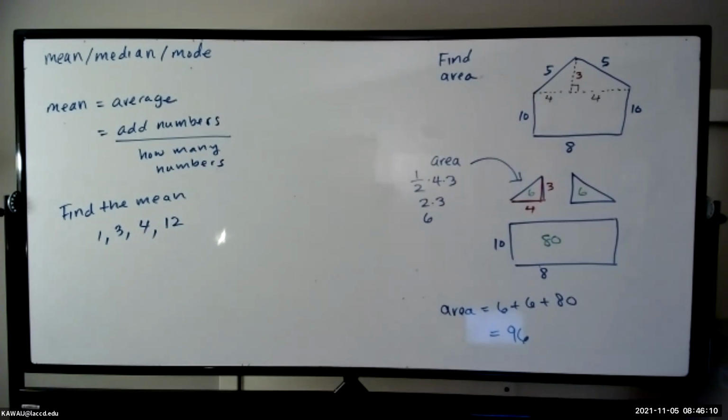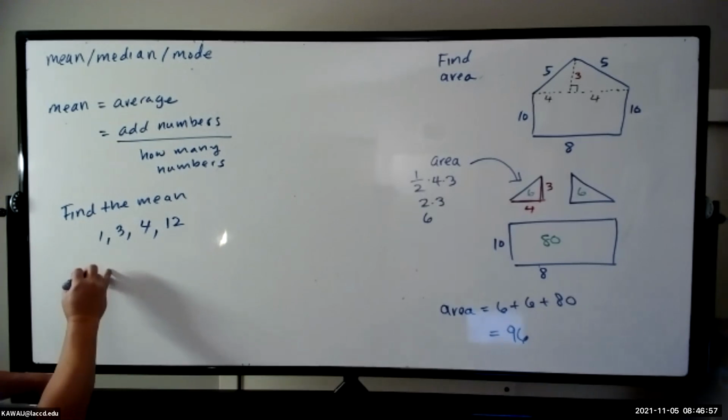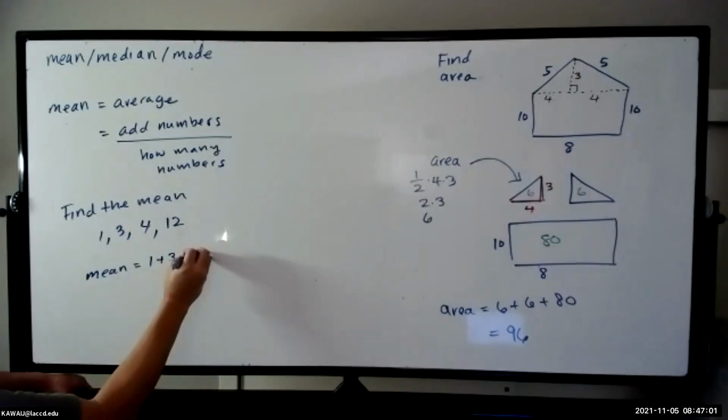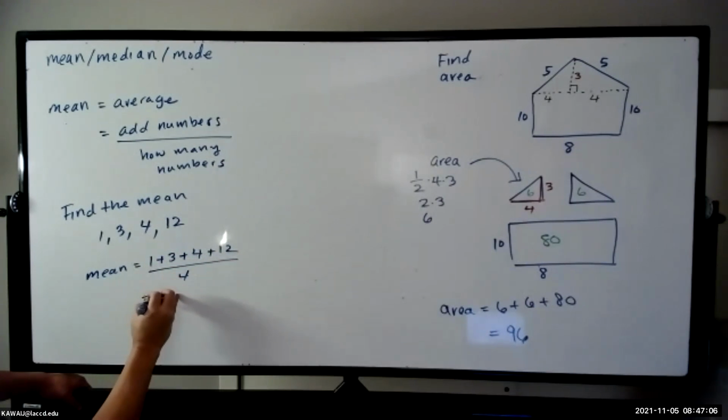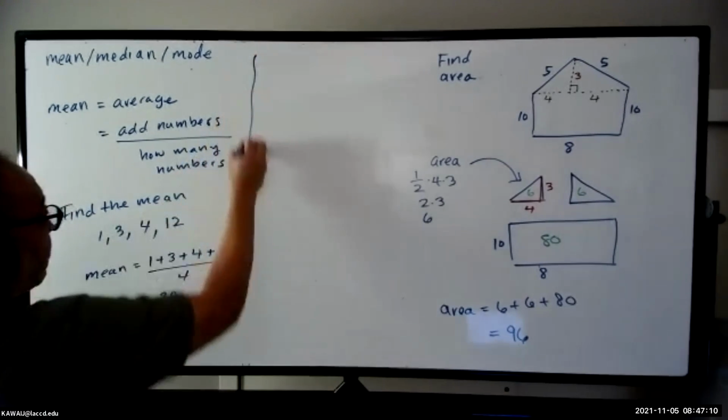So add the numbers and then divide by how many you have. So the mean is equal to 1 plus 3 plus 4 plus 12 over 4 is equal to 20 over 4 is equal to 5. So that one people are pretty good with.